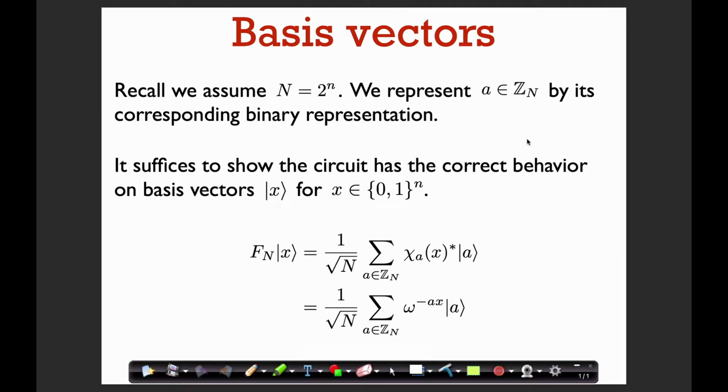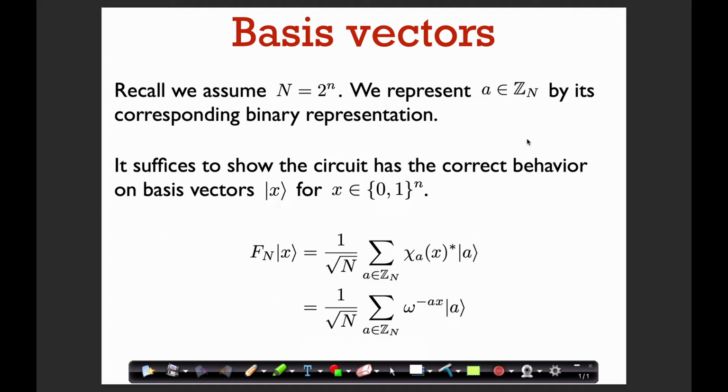Now let's start to get into the details of how we can implement the Fourier transform as a quantum circuit. Remember that we assume that capital N is a power of 2. We're going to represent elements of Zn by their corresponding binary representation. I'm going to go back and forth, thinking of a both as an element of Zn and as an n-bit binary string.